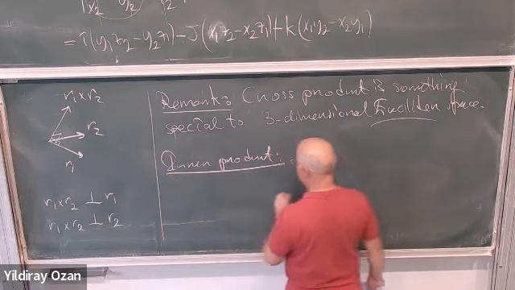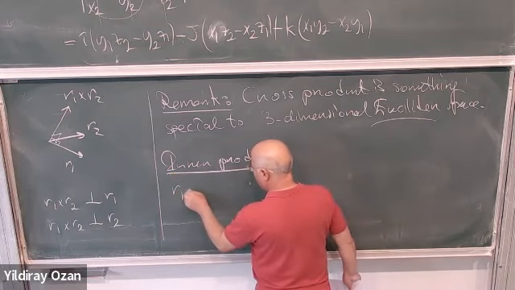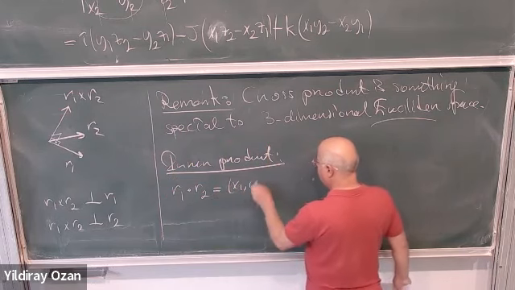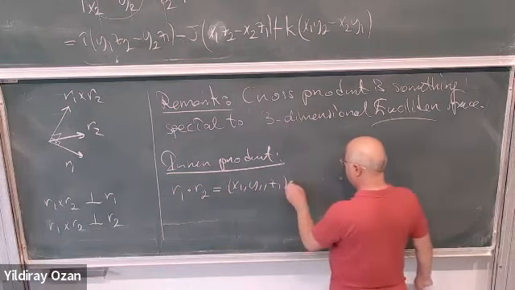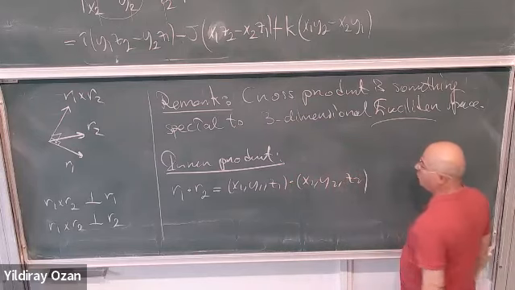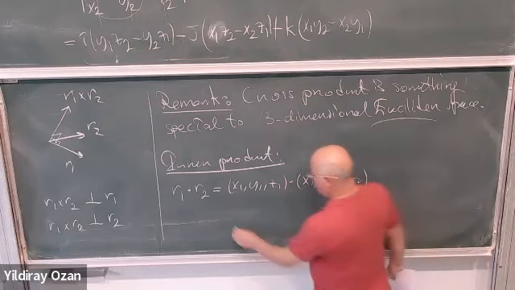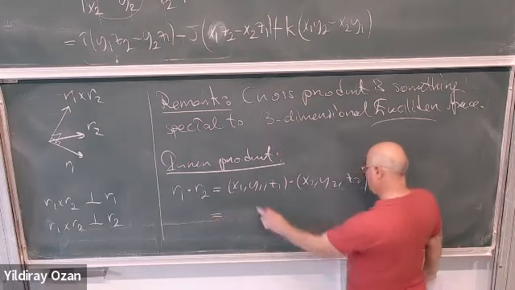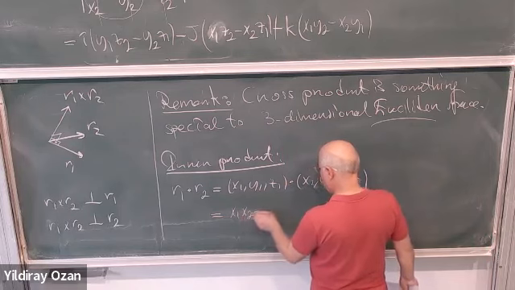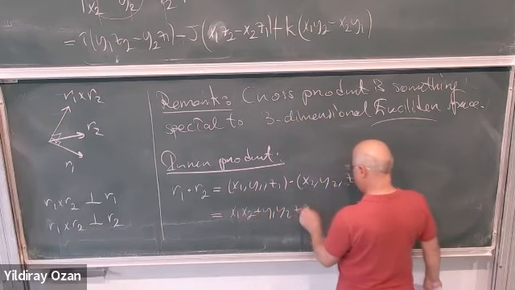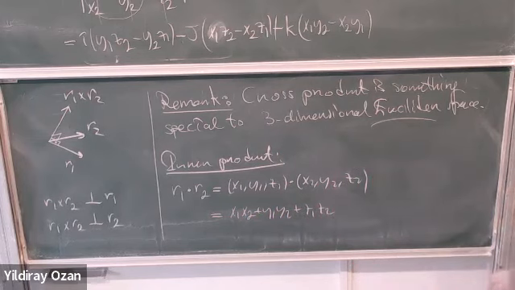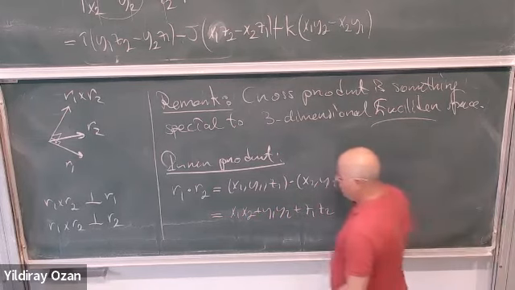If we have two vectors, R1 and R2, their inner product is defined this way: (x1, y1, z1) inner product (x2, y2, z2) is x1 x2 plus y1 y2 plus z1 z2. Okay.